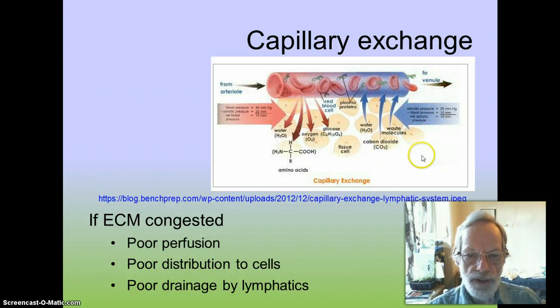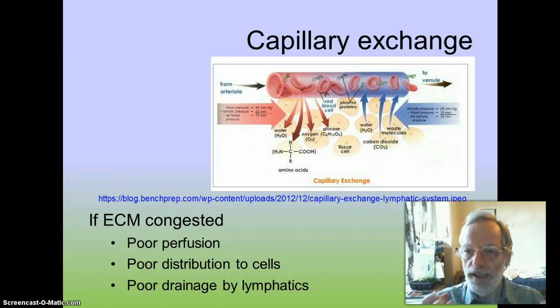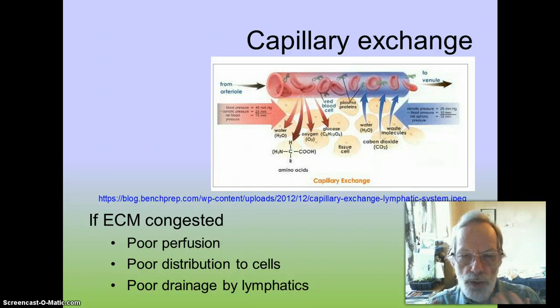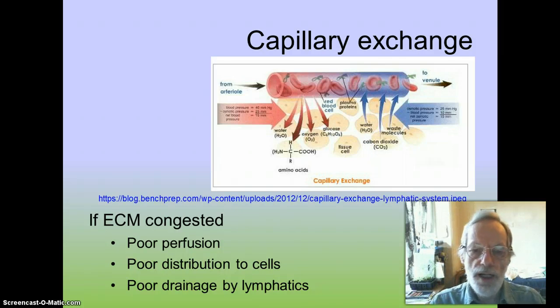Now remember that there is a secondary drainage, just to make sure that this extracellular matrix is just the right consistency, not too waterlogged, not too dry, and not too filled with toxins and bacteria and so on. You've got a lymphatic system which siphons off excess.